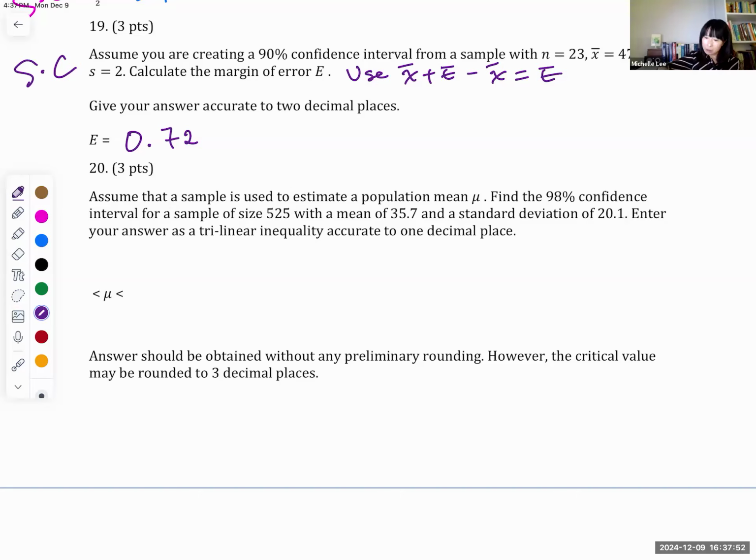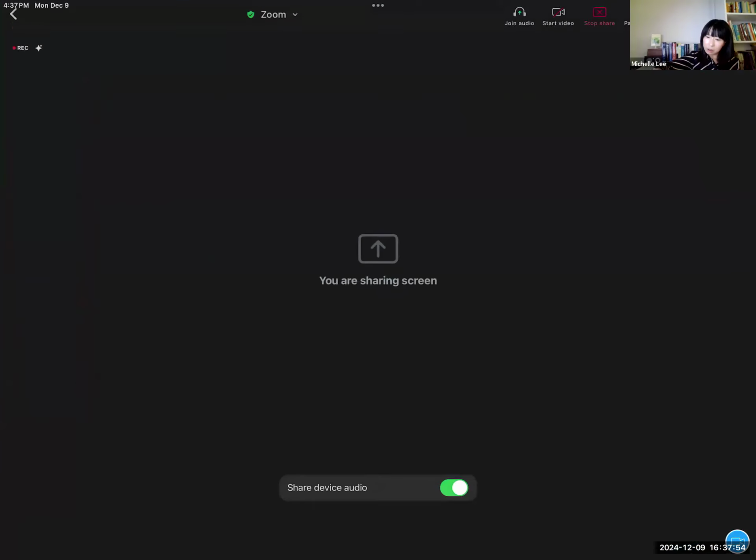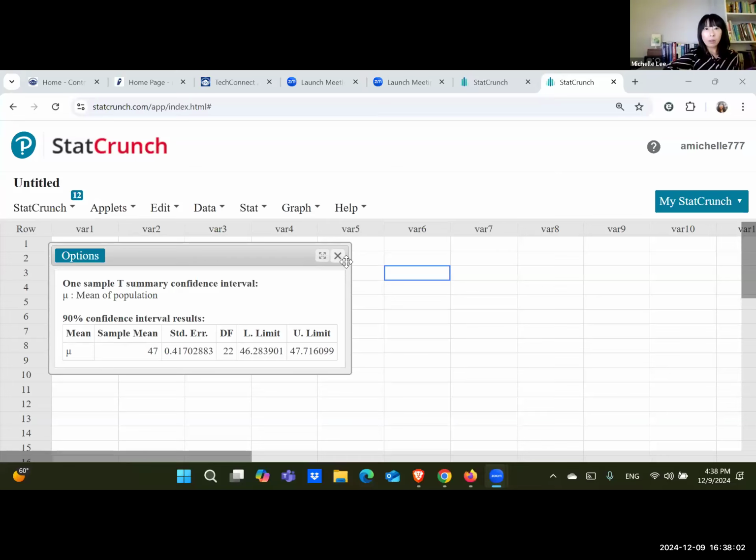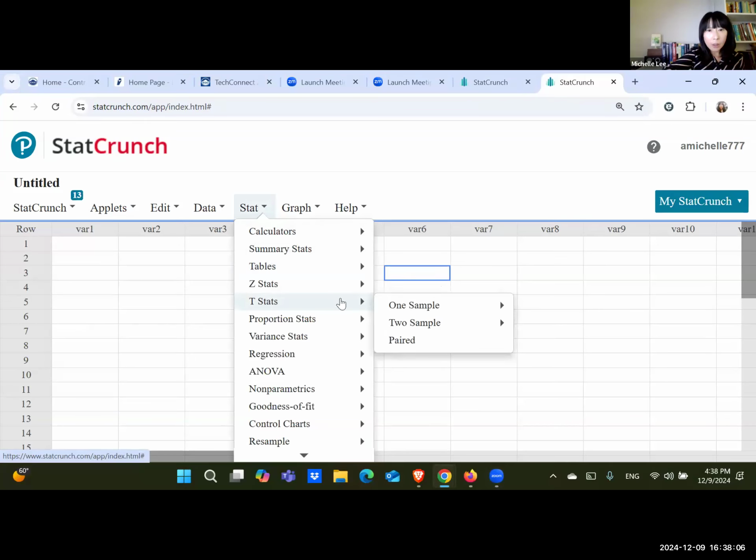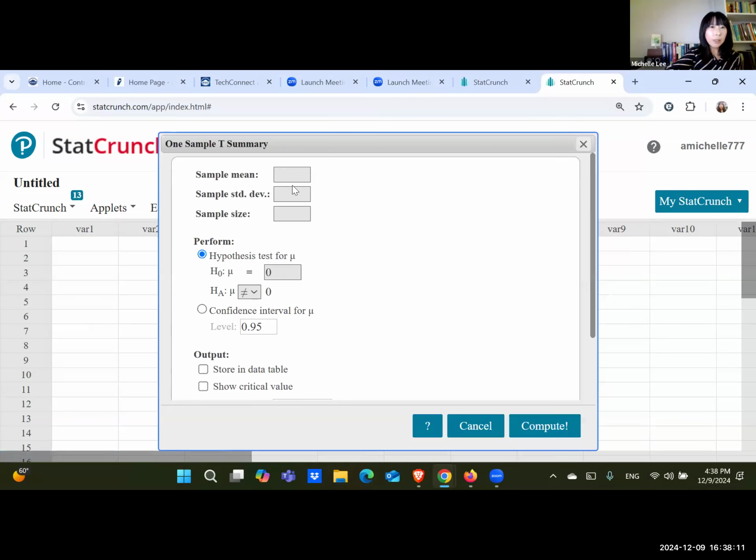Let me make here first. Okay, T stats, one sample with summary. And sample mean, I am using 35.7 there. And then standard deviation is 20.1.